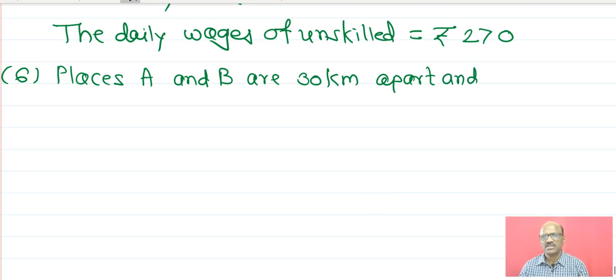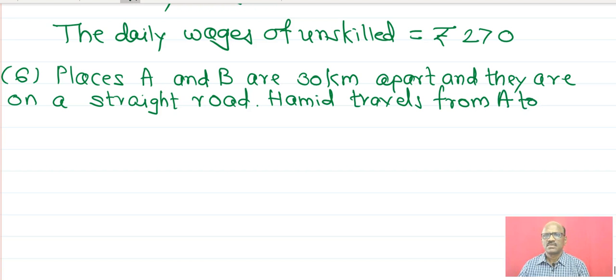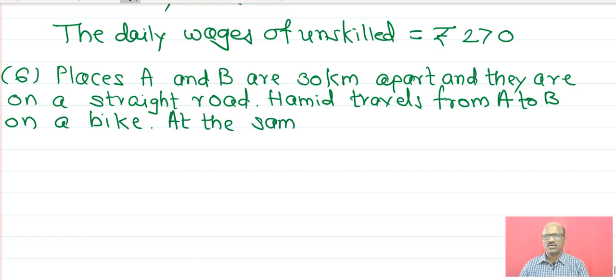That is the distance between A and B is 30 kilometers, and they are on a straight road. Hamid travels from A to B on bike.